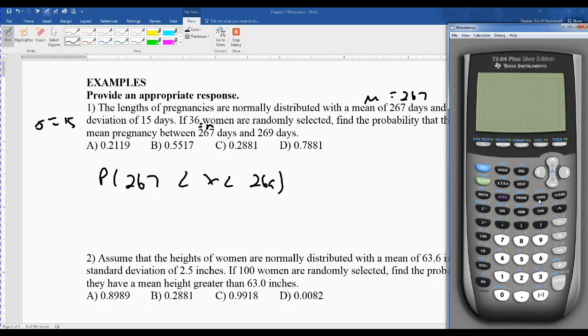So go to second vars, and we're going to use the normal CDF. This one is actually easy to do compared to the other ones, with the calculator, because the x is between these two numbers, between 267 and 269.